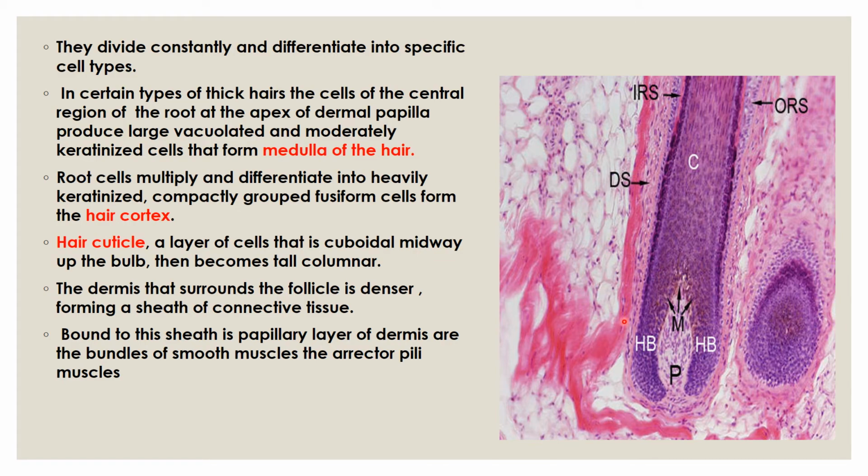So these are all the arrector pili muscles. This is the dermal sheath, and the sheath surrounding here is divided into the outer root sheath and the inner root sheath, discussed later on.